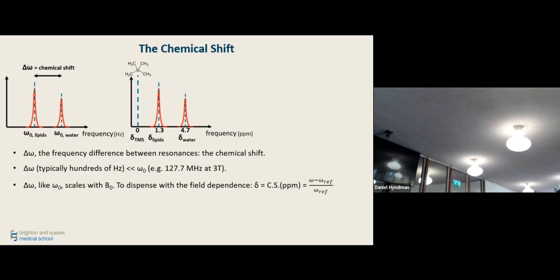Now we have to decide on a reference to say, okay, we are looking at differences, but what is our center of the universe? Where is difference equals 0? Where is our point of origin? We could have decided, for example, that the water resonance would be the point of origin. However, remember the chemists. The chemists looked for something that has the most effective shielding around the protons in the center, so that everything else would be on the right-hand side of it.